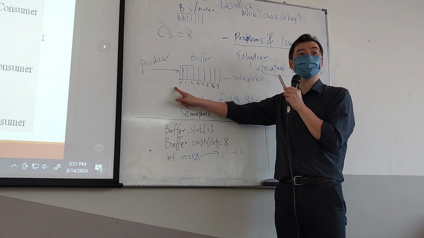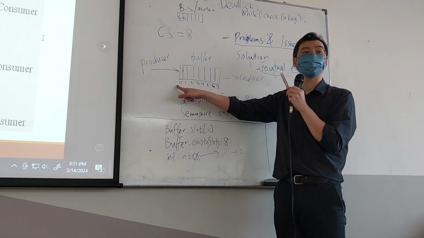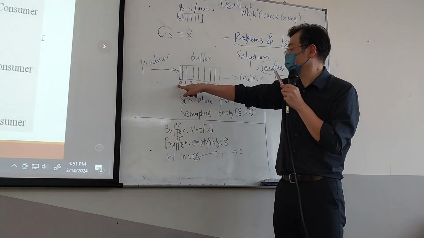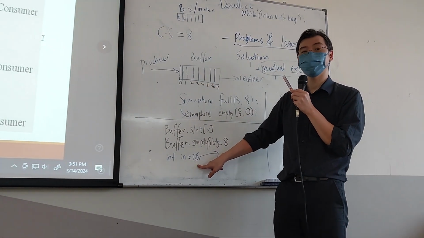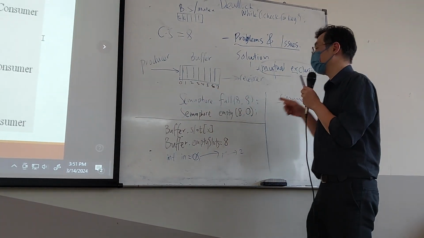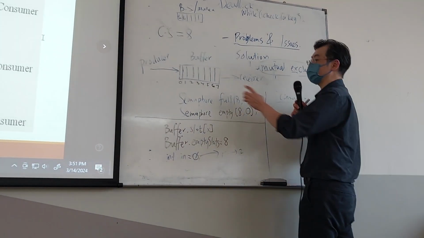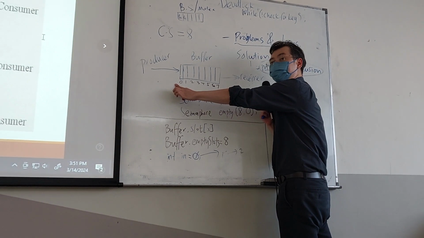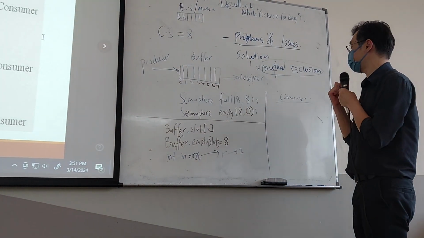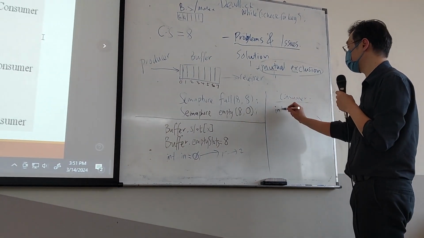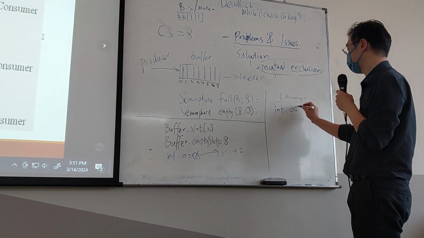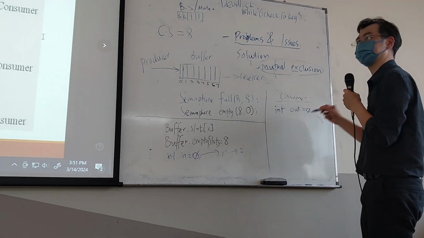I receive from 0 first, because this is first come, first served. If the message comes in, it goes to 0 first, and then proceeds on to the next slot. When the consumer consumes, I cannot start from 7, I have to start from 0 also. So my consumer also will have a variable called out, and it starts from 0 as well.